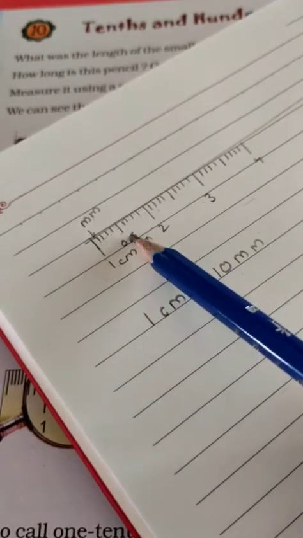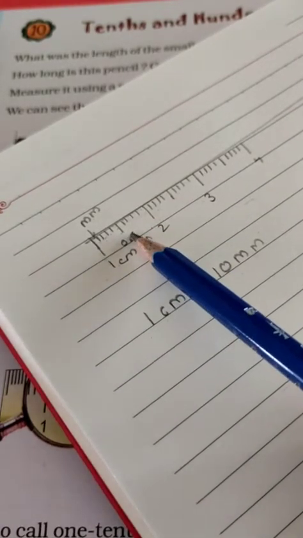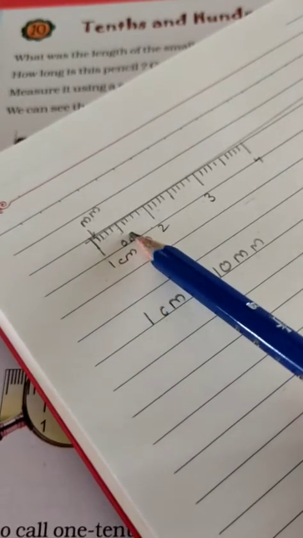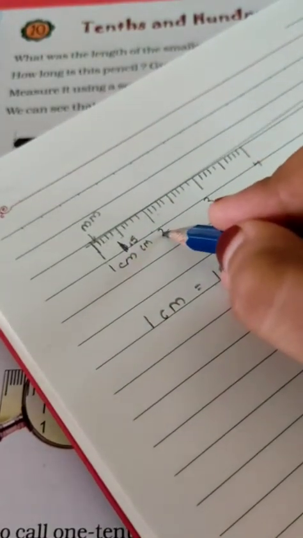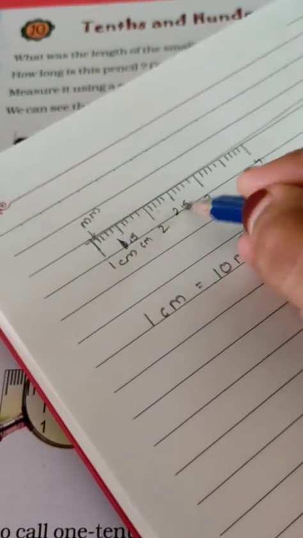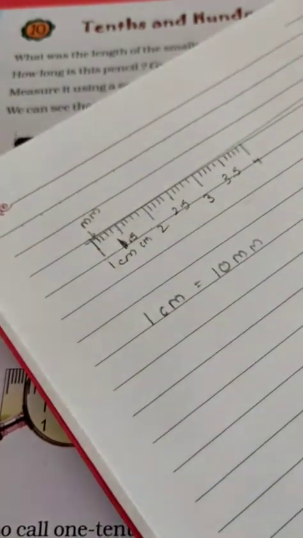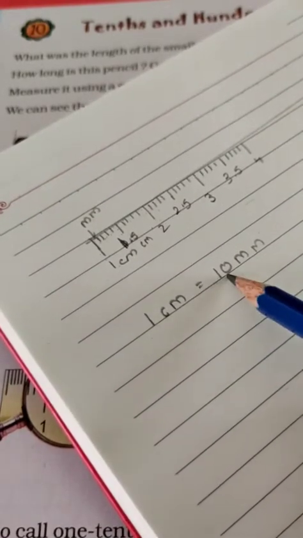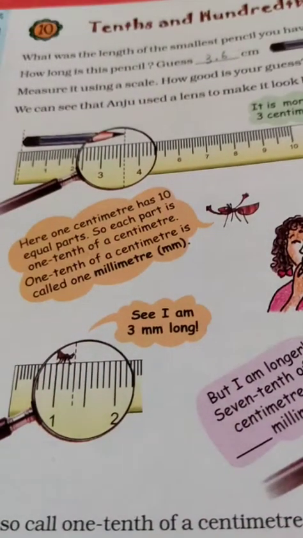This small line is 0.5 centimeter, or we can say that it is half centimeter. So 1 centimeter, 1.5 centimeter, 2 centimeter, then it will be 2.5, 3, 3.5, 4 and so on. Okay. So in this you have to remember the concept, that is 1 centimeter is equal to 10 millimeters.